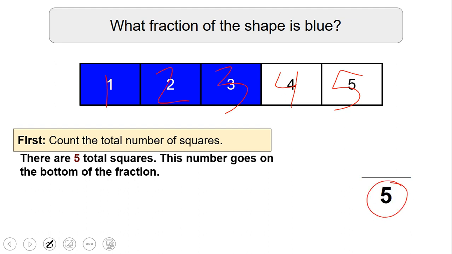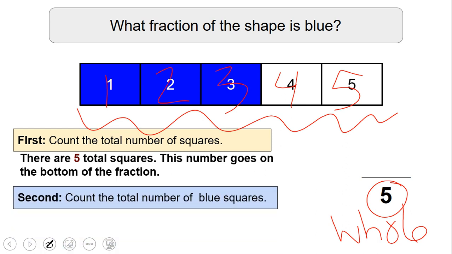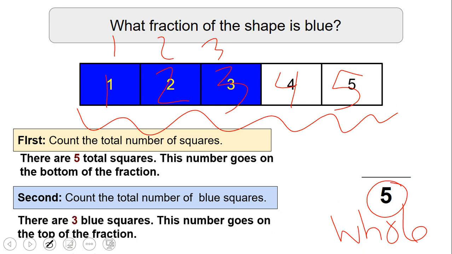The bottom number is how many there are all together, okay? Then we count the number of blue squares. We have 1, 2, 3 blue squares, and we put that number on top because 3 is the part that we're counting, okay?